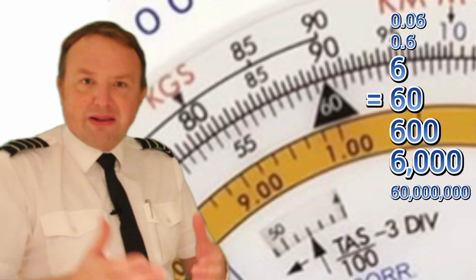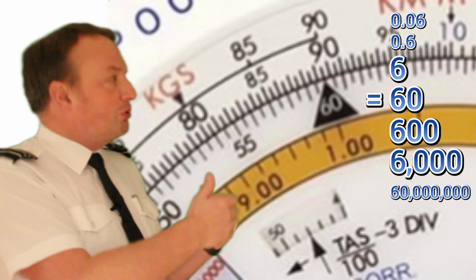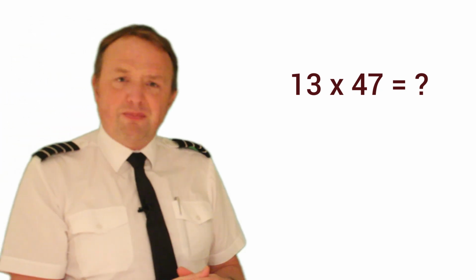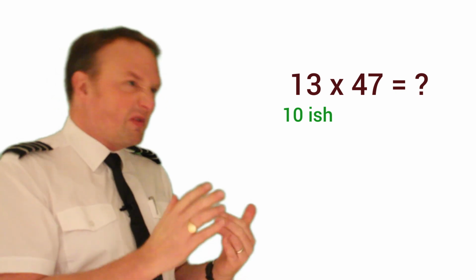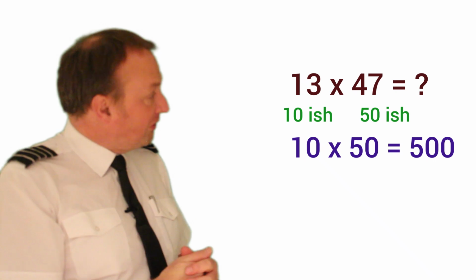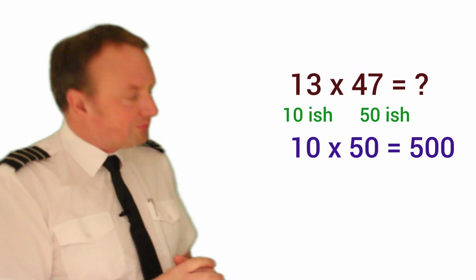So here your mental math skills will allow you to approximate the answer so that you know what order of magnitude the answer should fall into. In the case of 13 times 47, 13 is around 10, 47 is around 50, 10 times 50 is 500. So I'm looking for a number in the hundreds, of the order of 500-ish.